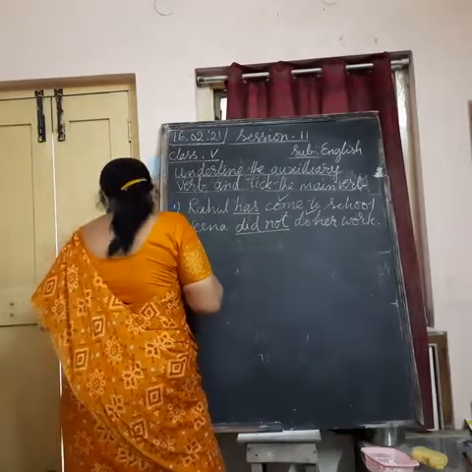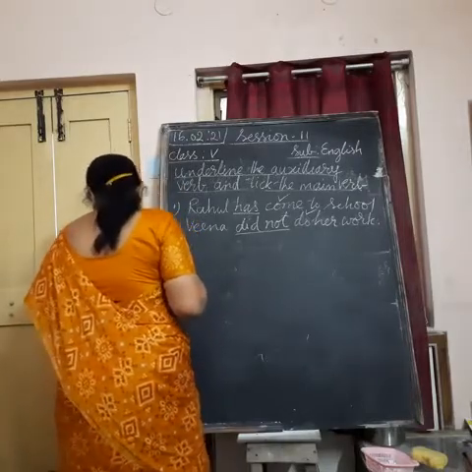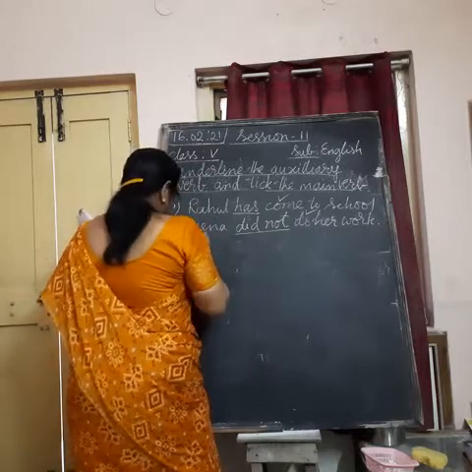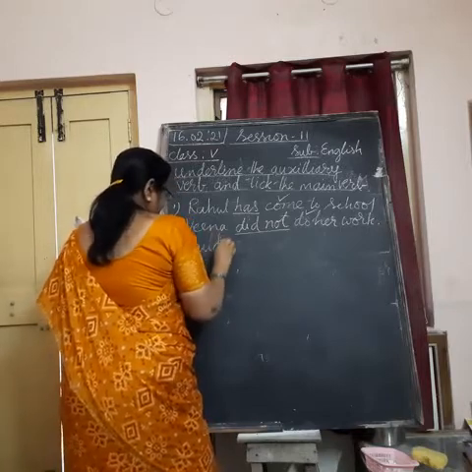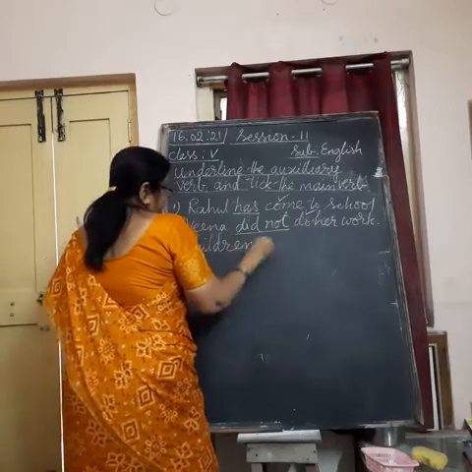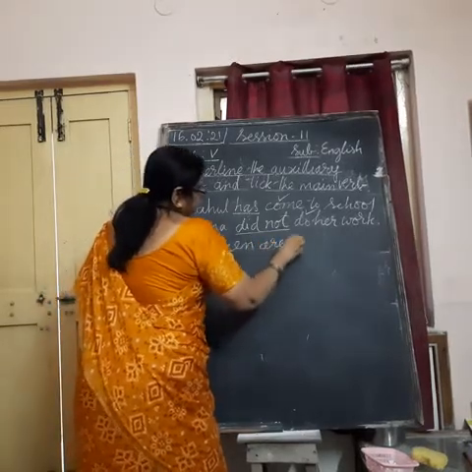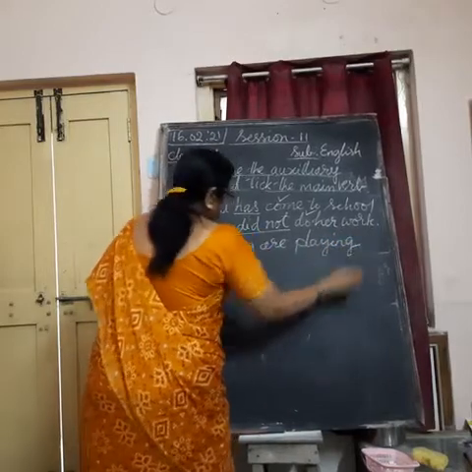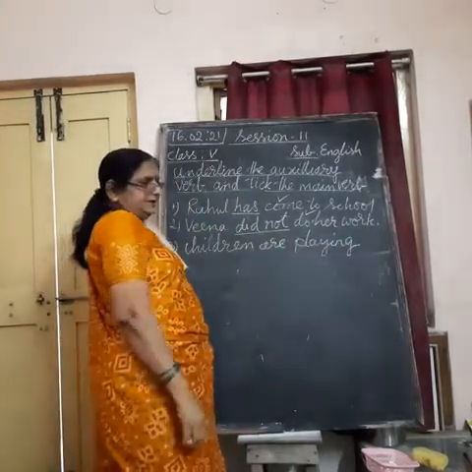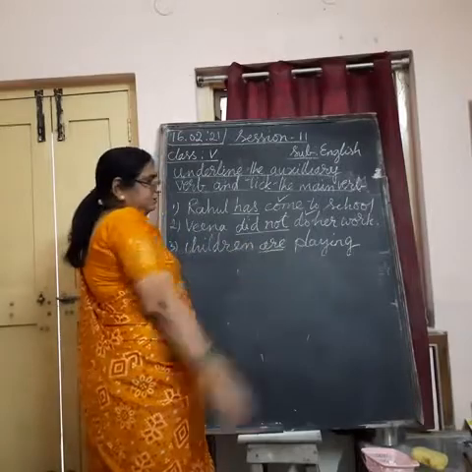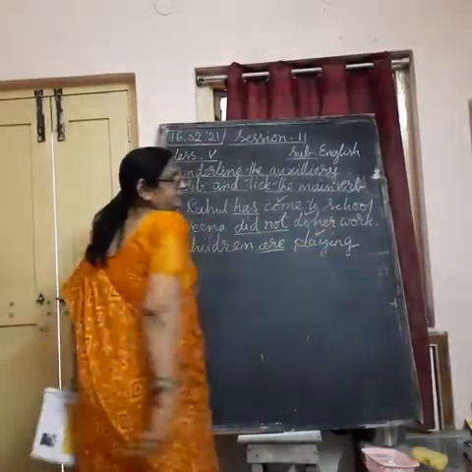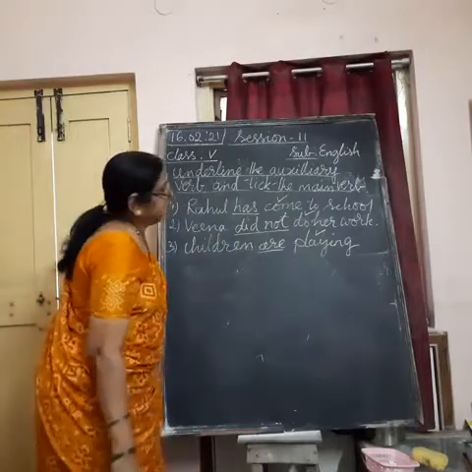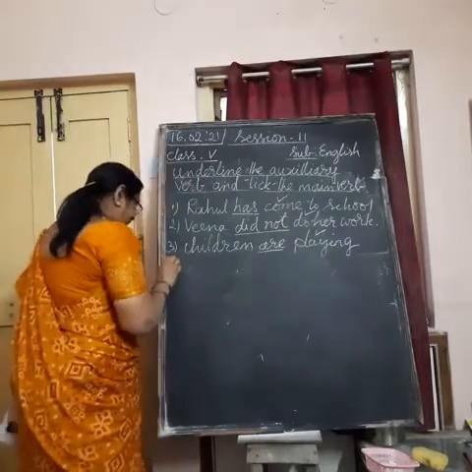Third, children are playing. If I write children are playing, what is the auxiliary verb here? Are is the auxiliary verb. Playing is the main verb. Okay. Fourth one.